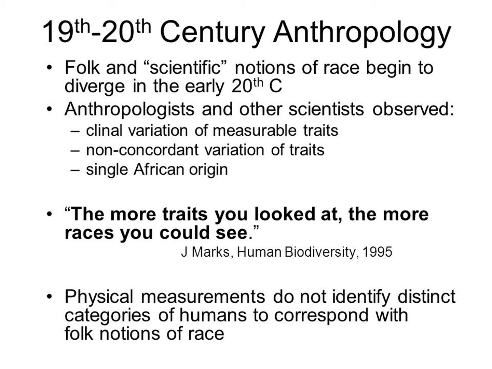And really what this is saying is that there is a slow variation within our species of traits like skin color. And we're going to talk about later on in this presentation why we have differences in skin color amongst humans. They also noticed a non-concordance of the variation of traits, right? This is just meaning that there's a huge wide variation in every single trait across different human groups, and we find those traits in all human groups.